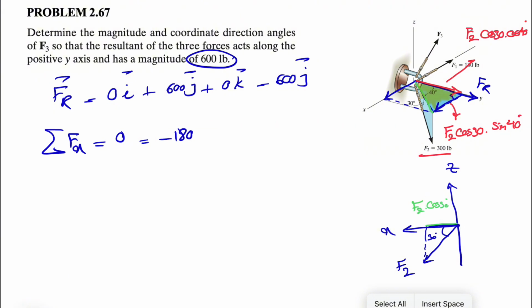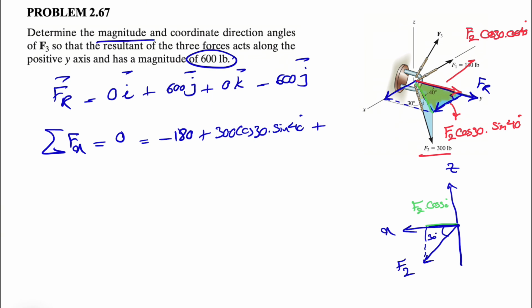So, as I said, the x component would be F2, which is 300, cosine of 30 degrees times sine of 40 degrees. That's the x component, and it acts along the positive x-axis, so it is positive. And now we have F3.